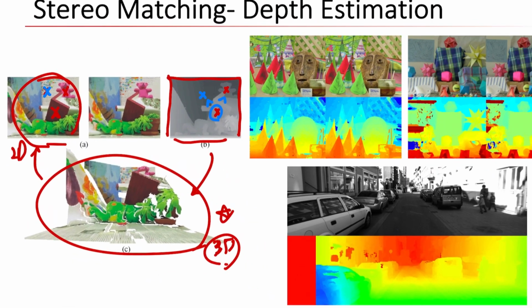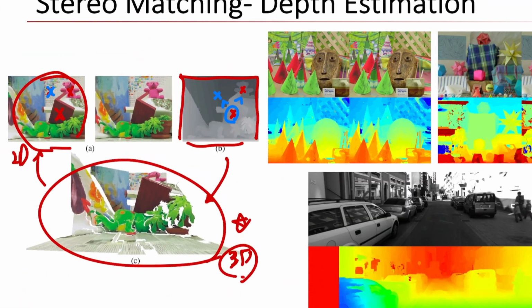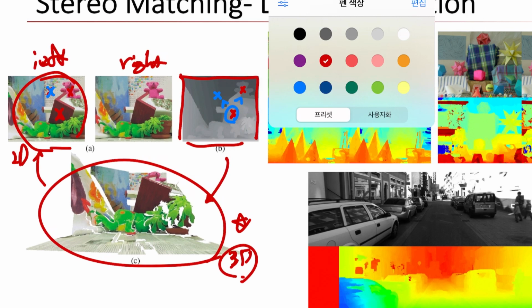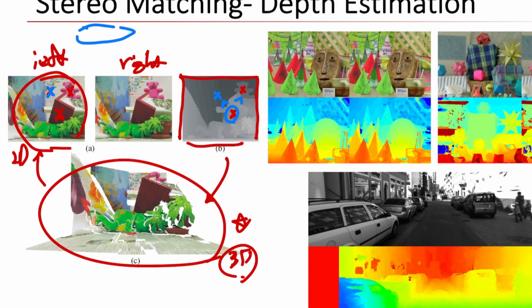So how can I do that? In stereo matching, we use two images, the left image and right image. There is a stereo camera that has two cameras, a left camera and a right camera. It is similar to the eyes of a human, right?